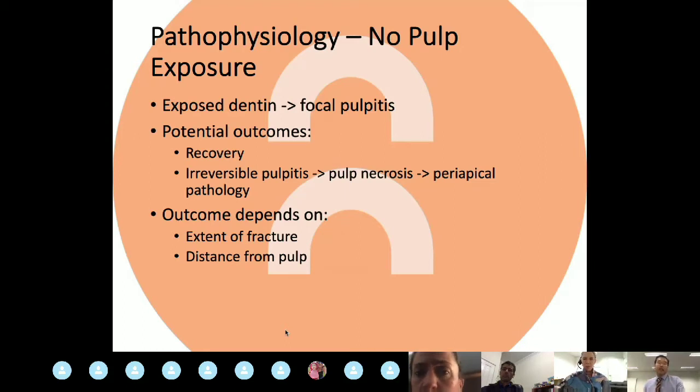But if enough of the odontoblasts are damaged, then inflammation progresses through to pulp necrosis, and that leads to periapical pathology. So the outcome really depends on the extent of the fracture. The larger the area, the more odontoblasts get affected, as well as the distance from the pulp, because if the distance is really short, then you've got a shorter distance for bacteria to migrate into the pulp cavity.